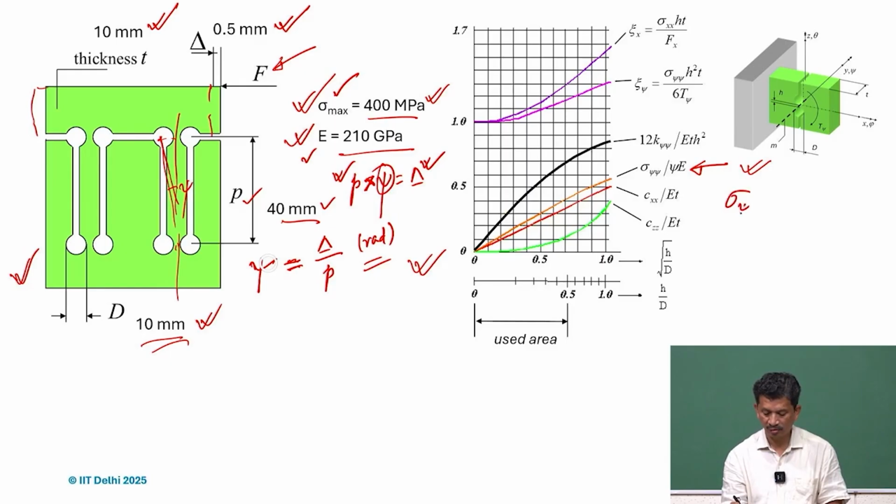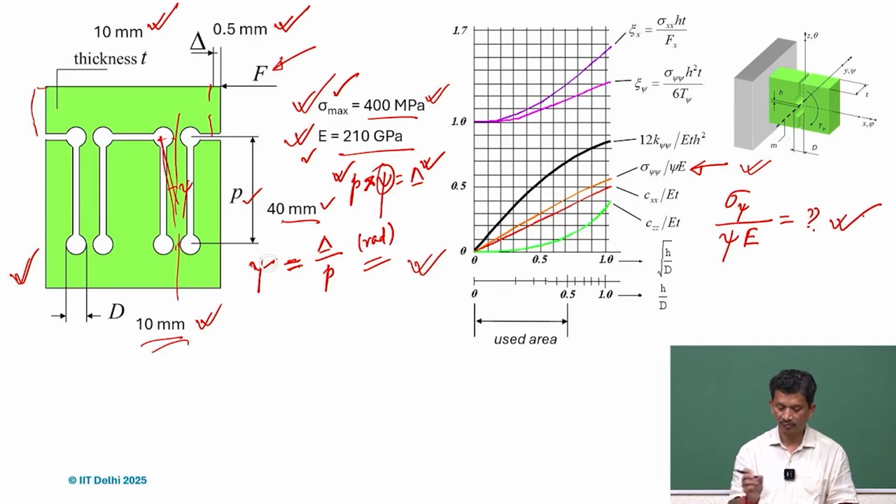Sigma psi, I simply write 1, and then the psi value is given, E, and then we can calculate and get the number. After putting in all those numbers, we can find some number here. I'm just guessing, but we can put the values in and check.